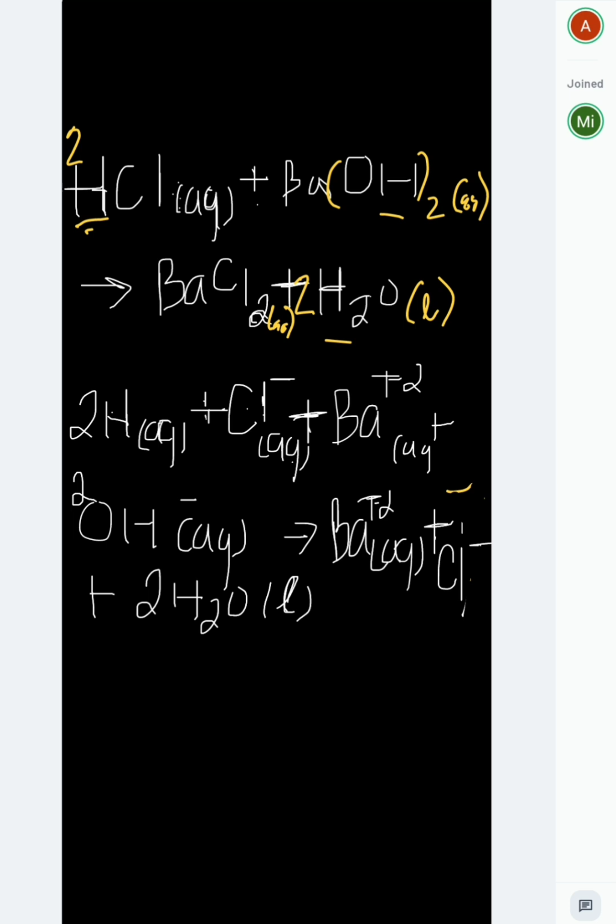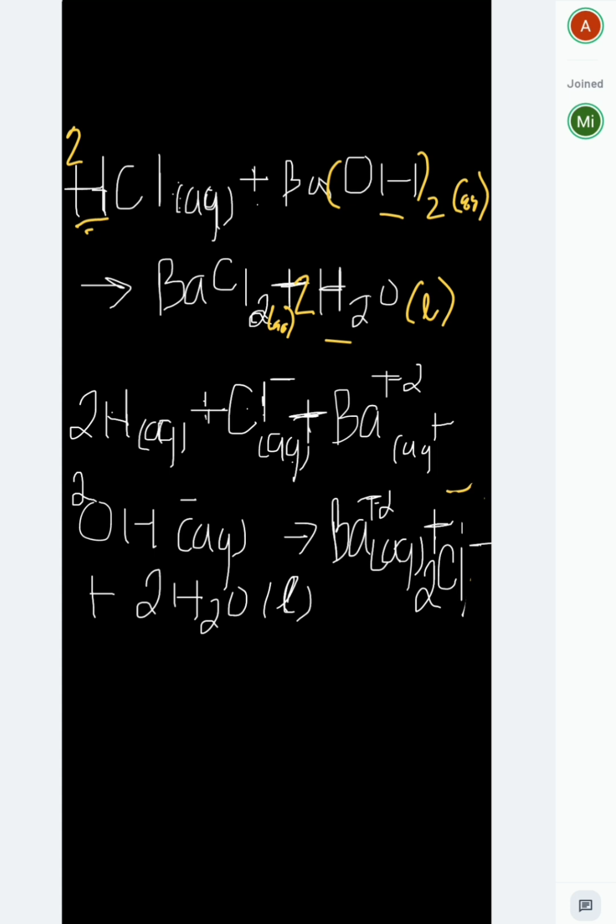BaCl plus 2Cl minus. So you have two atoms of chlorine there. Alright, so we already have that 2HCl.